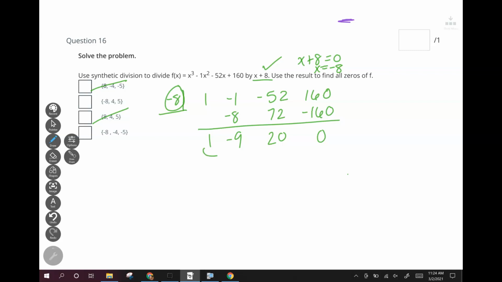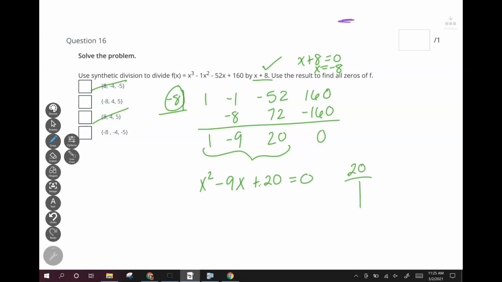Now, these are our new coefficients. After I've divided by x plus 8, I have x squared minus 9x plus 20. From there, I would just factor this to solve. We're looking for zeros, so you can just set it equal to 0, and now we will factor. So two numbers that add to negative 9 and multiply to 20.